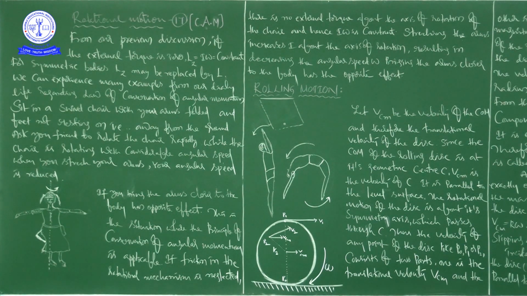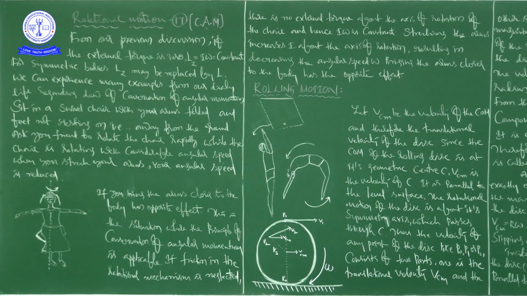Second point is, when she brings the arms closer to the body, angular speed will be increased, and moment of inertia will be decreased. These two points are very important throughout this discussion of conservation of angular momentum. By keeping these points in our minds, we can go for many examples.